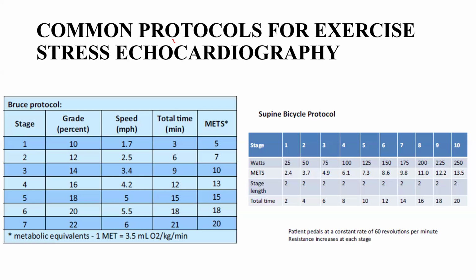So you have a very limited opportunity to evaluate your patients. You have the rest, then the recovery, immediately after the peak stress for treadmill. Whereas for the bicycle stress, you have the opportunity to evaluate the patient throughout all the stages. Same as the dobutamine stress test, you can evaluate the patient throughout the stages.